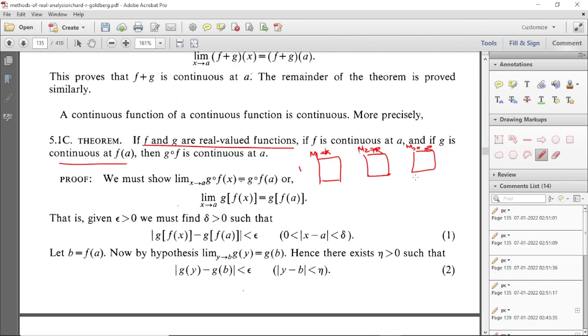Okay, now everything is same. Here, you can guess what space is considered. We use the function g of f of x.